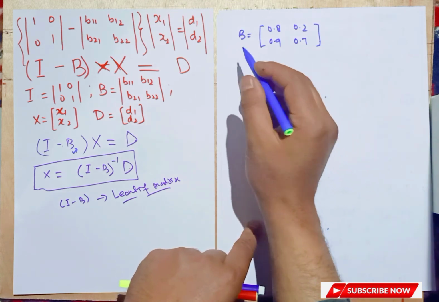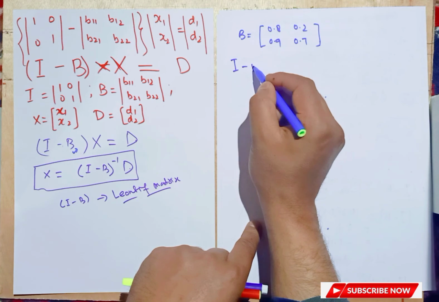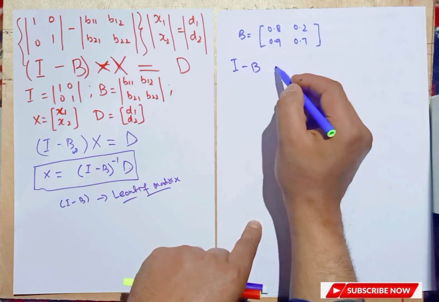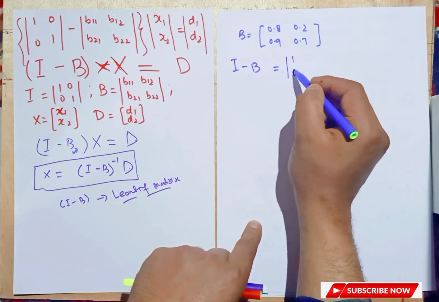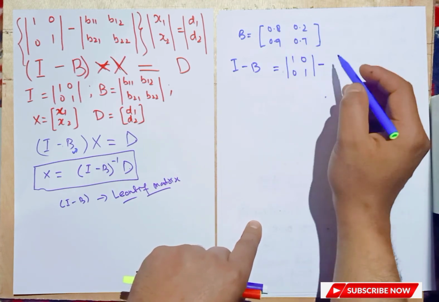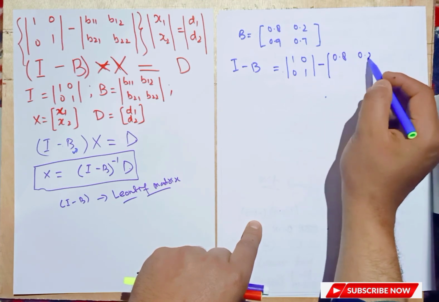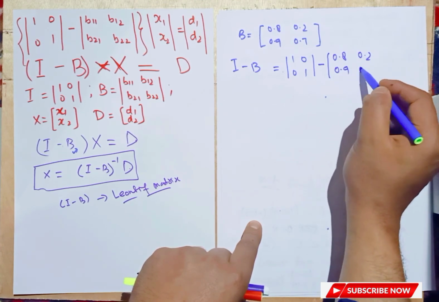First of all, we will write this in the form of I minus B, that is equal to the identity matrix 1 0 0 1 minus 0.8, 0.2, 0.9 and 0.7.